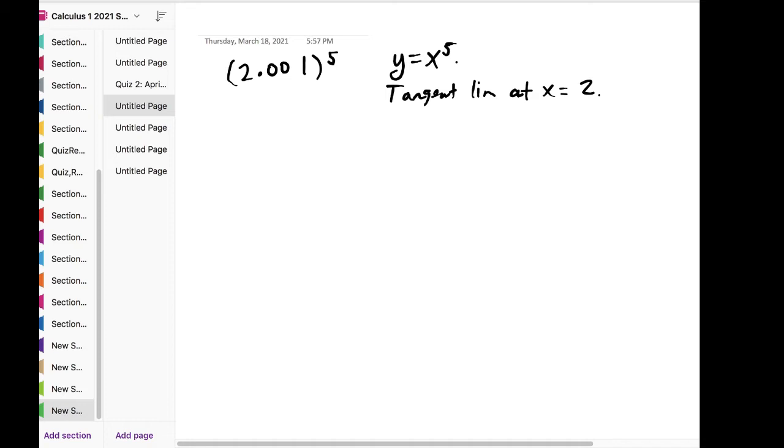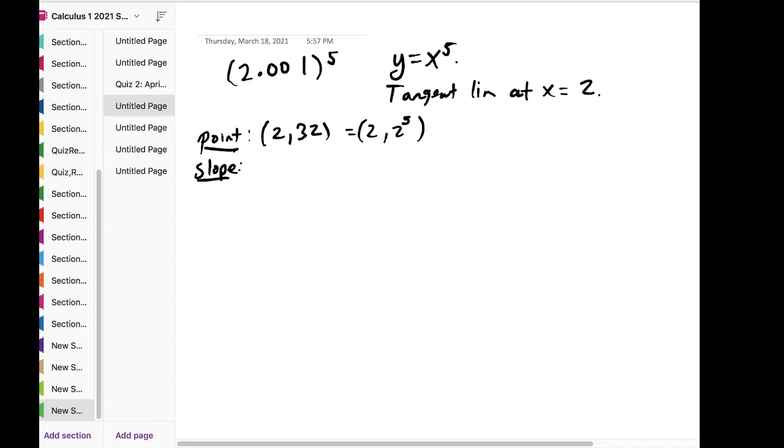Okay, so what do we need for the tangent line? We need a point and a slope. What's the point we can use? How do you find the point for the tangent line? Good, yeah, 2 and 32. So this is 2 to the 5th, which, yep, 16 times 2 is 32. That's a 5th power, not 25.